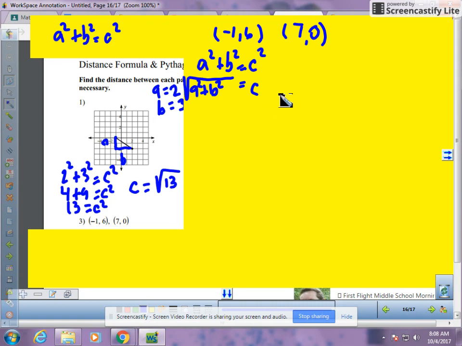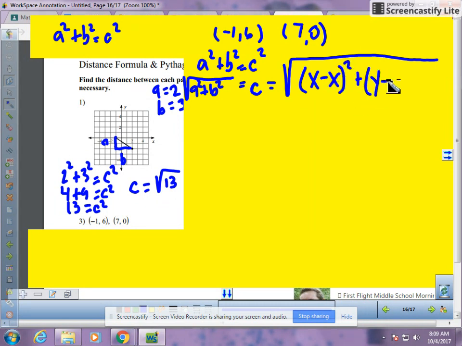So watch this. I'm going to find the distance, the length of c. I'm going to take the square root of the difference between the two x coordinates squared plus the difference between the two y coordinates squared.